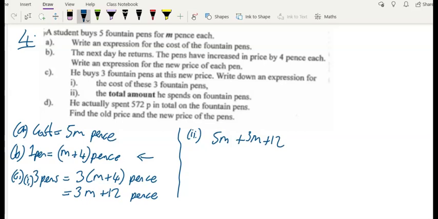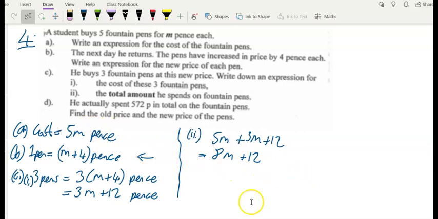I'll go through this all again, I've messed this up. So in the second day, right, so this was the first day, he had bought 5 pens costing m pence each. The second day he bought 3 pens, but they cost m plus 4, so we worked out the 3 pens cost 3m plus 12, and we add those, you're going to get 8m plus 12. Okay, and yep, that's fine.